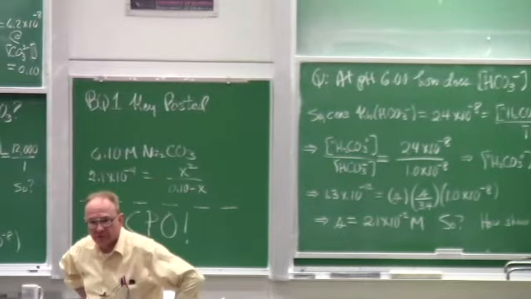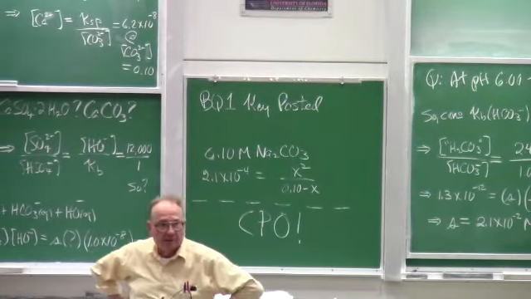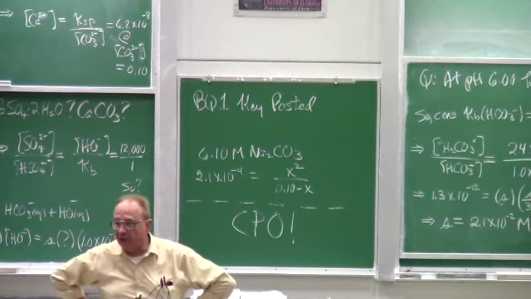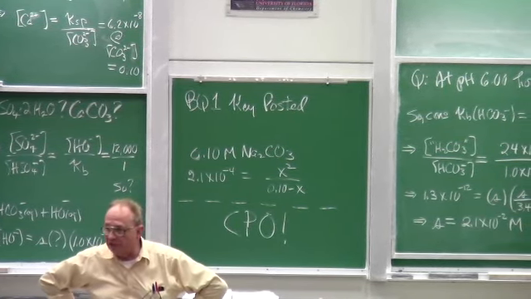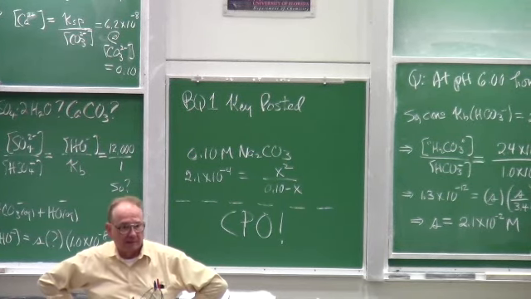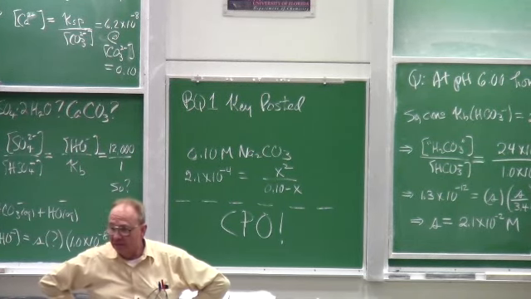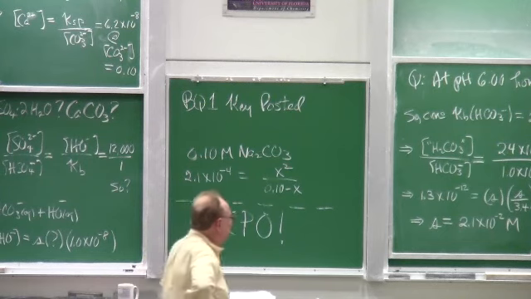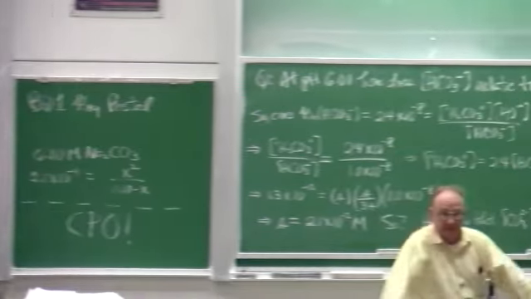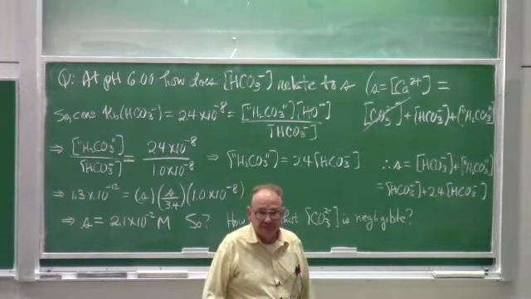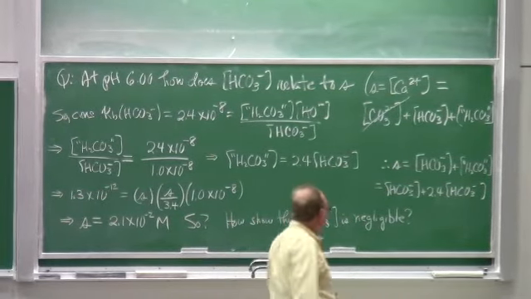Let this stuff talk to you. 210 to 1 at pH 8. What is it at pH 6? 21,000 to 1. Right? If you're mystified by this, hey, write it down. So this stuff talks to you.